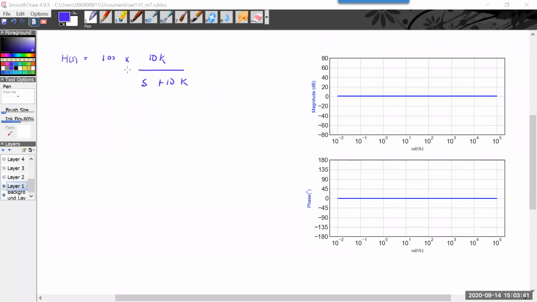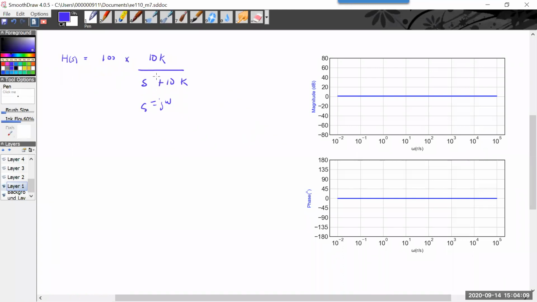And so when I look at this figure, I know I'm going to be substituting S equals J omega. But if I just look at S and go from 0, if I put S equals 0, then I'm going to get 10 divided by 10 times 100. If I let S go to infinity, this whole term goes to 0.